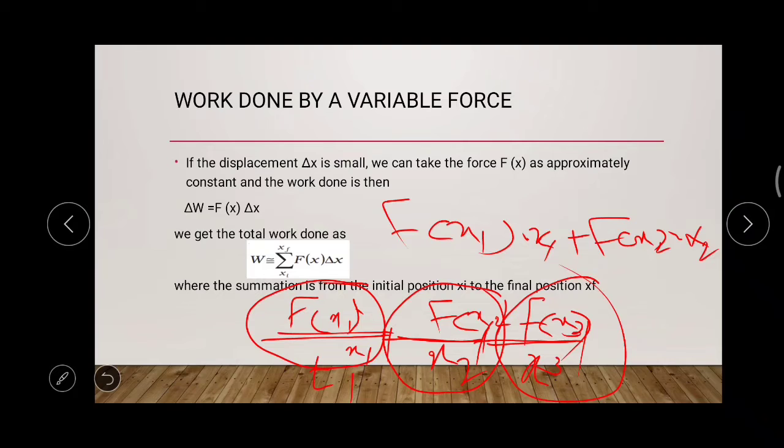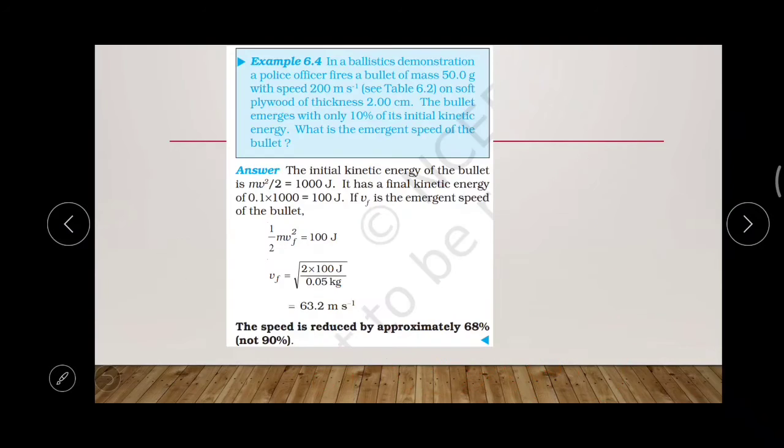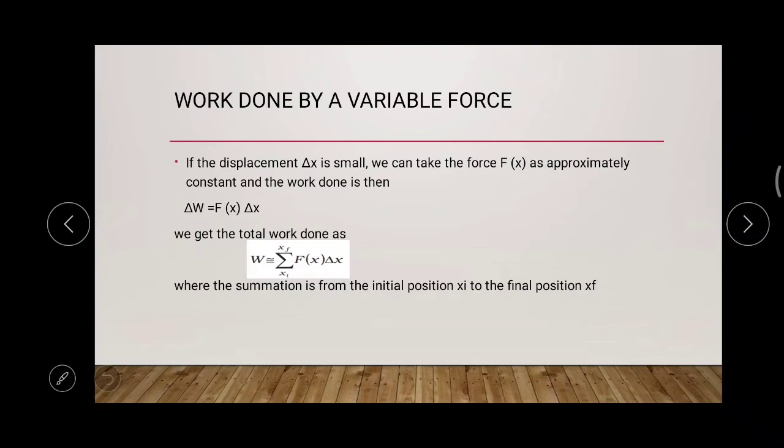So in general, if you have an initial position xi and a final position xf, then the total work done is equal to the summation from xi to xf of f of x delta x, where f of x is a function of x and delta x is the displacement. As the displacement changes, the f of x value also will change.